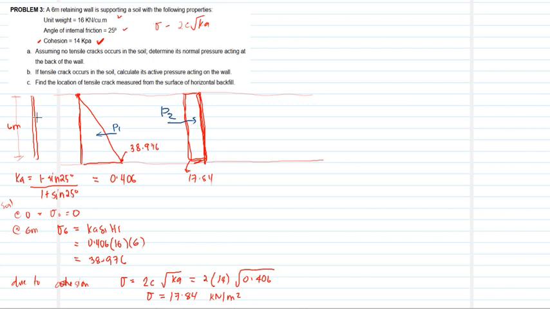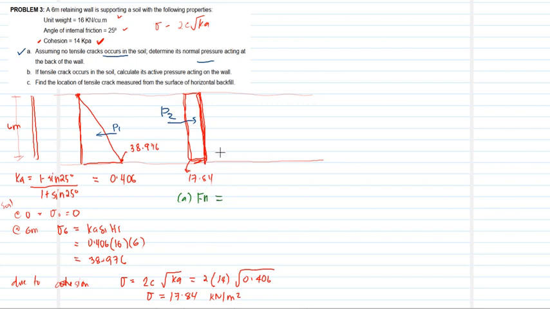So, masosolve na natin yung problem for letter A. Kasi assuming no tensile crack occurs. So, wala pang tensile crack na nangyayari. So, ano yung magiging normal pressure acting on the back of the wall? Okay? So, for letter A, ano daw yung magiging normal natin? Normal pressure.